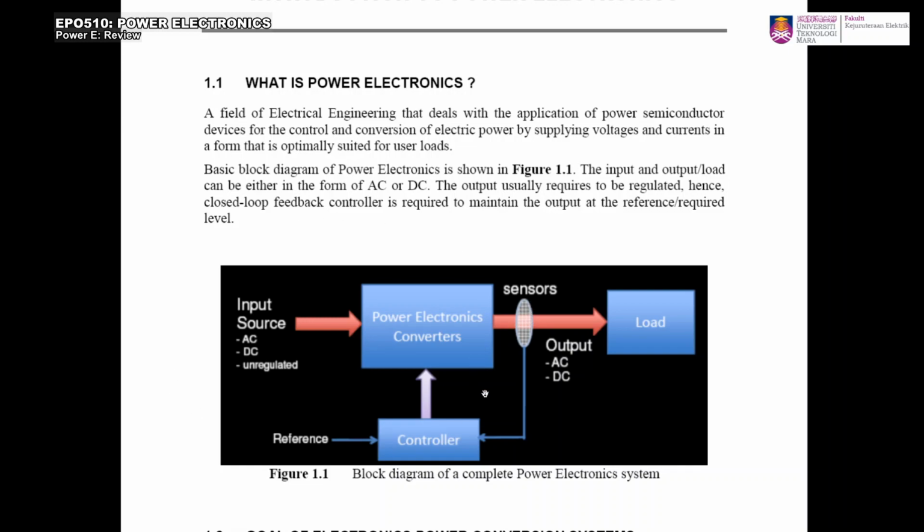For a complete system, we need to have a controller, so that we can regulate and control the output voltage, because normally the load requires a stable input voltage. So the power electronic converters must have a control so that it will stabilize the output voltage for the load.